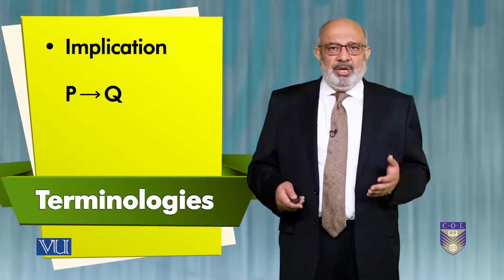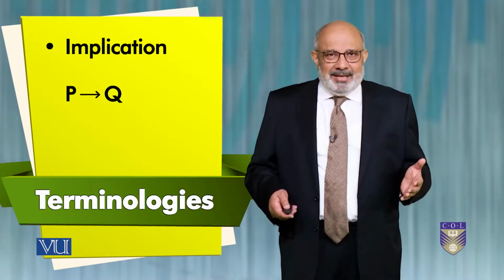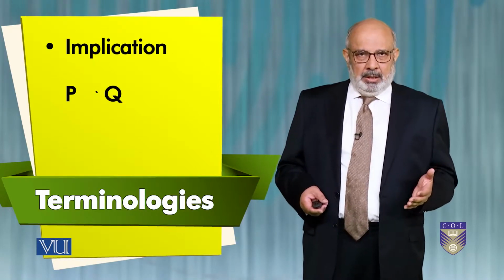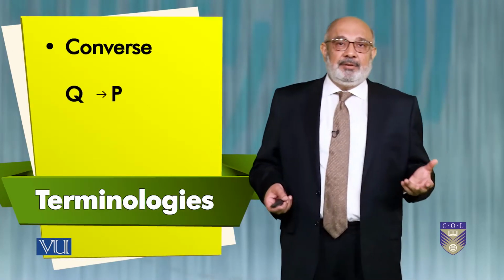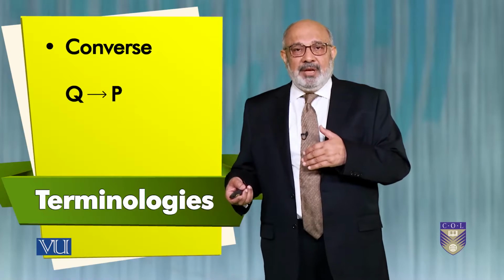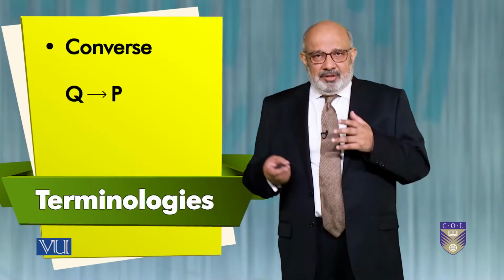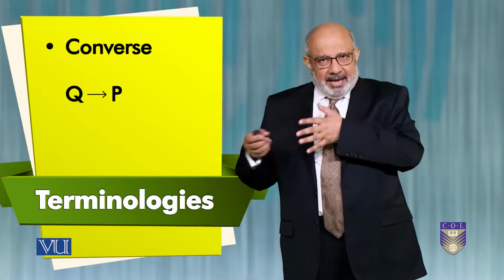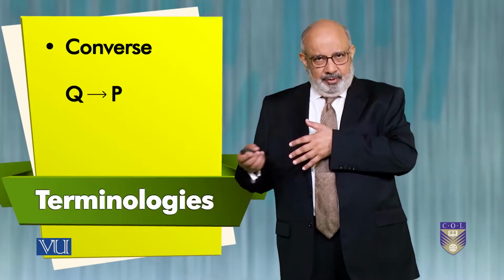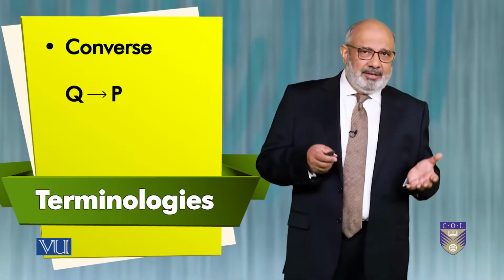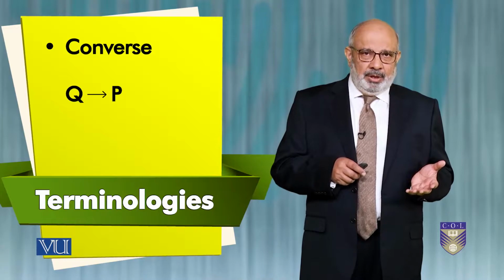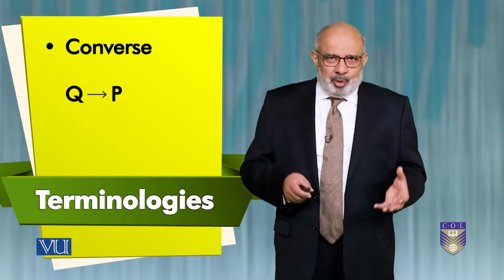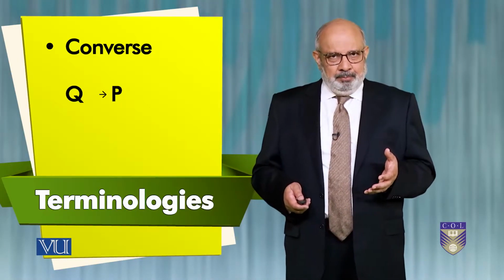It's like a Boolean expression called P implies Q. The converse of implication means the right hand side proposition, Q, goes to the left hand side and vice versa. So it can be written as Q implies P, right?